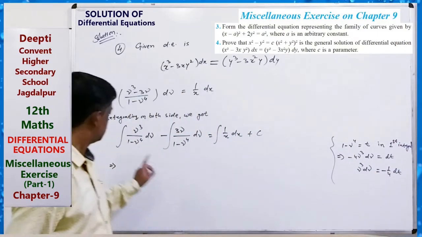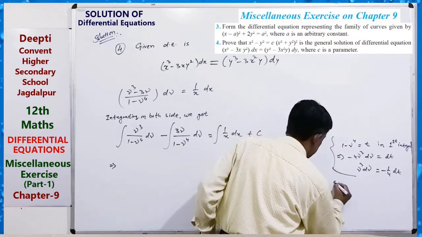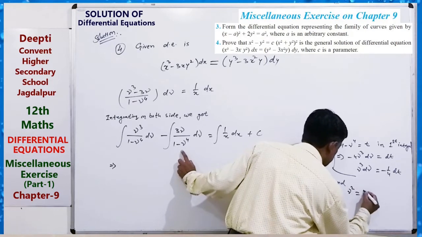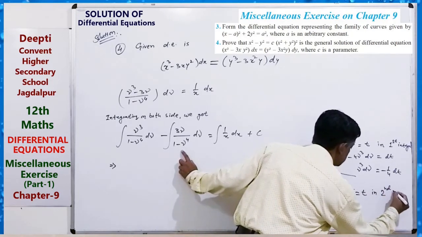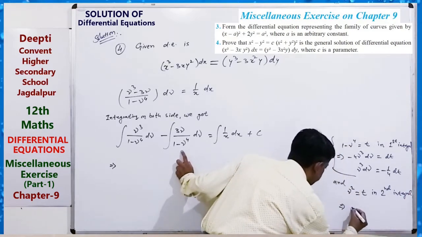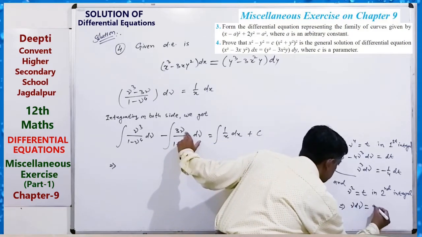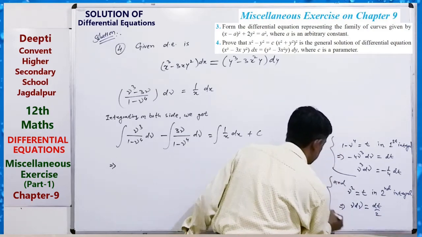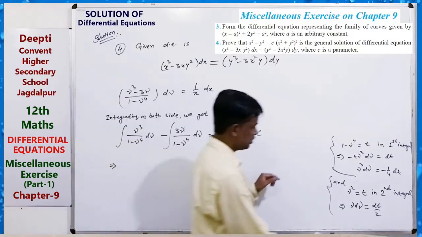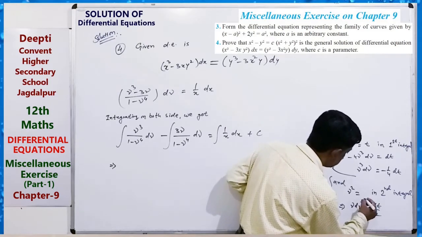In the second integral, v square equals to t, so v dv equals to dt by 2. Clear? Here v square, we can take u in place of t.